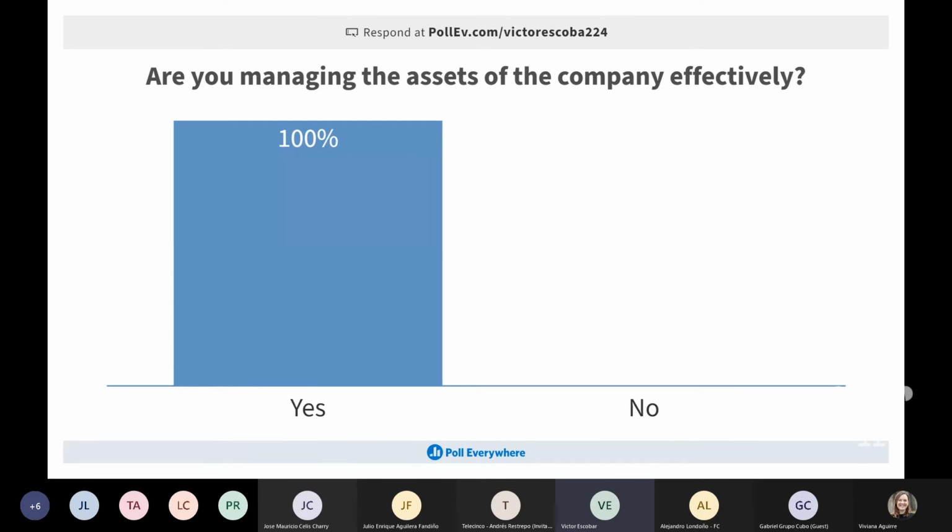Okay, based on that, everybody is taking the right option of trying to manage all the assets as properly as possible. And that will be the main advice here. If you have something that you are not using or something that is causing you an extra cost, try to check how you can use that asset to get some revenue and convert that asset from an expense into an income.